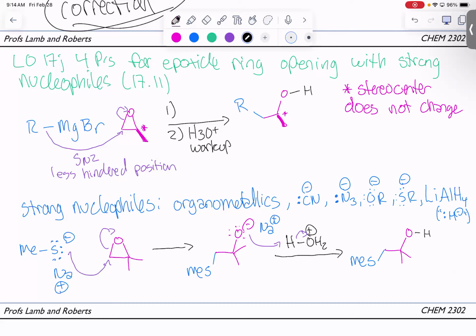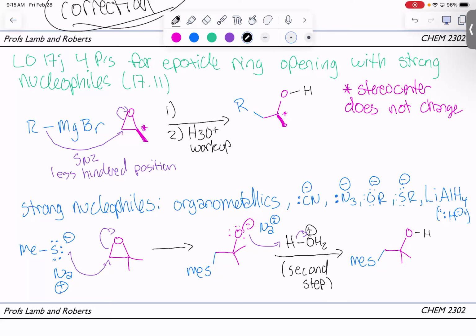Same mechanism for azides, for cyanide, alkoxides, it doesn't matter. This is our list of strong nucleophiles. And this H3O plus is our second step, because we can't have a strong nucleophile, not just a Grignard or an organometallic reagent, but methyl sulfide would also be able to deprotonate H3O plus.